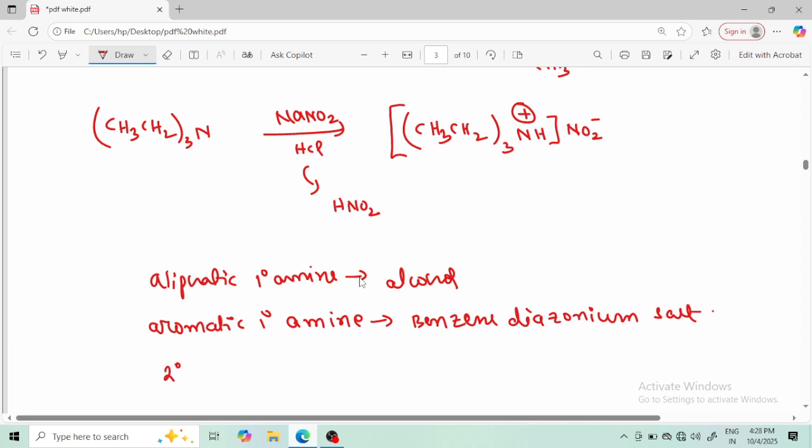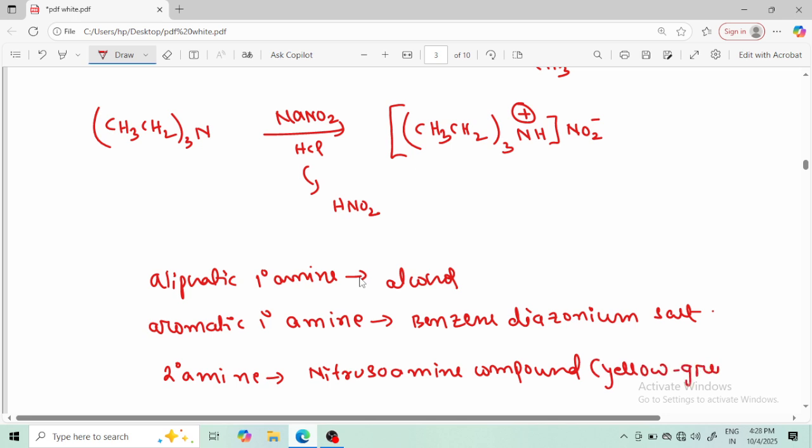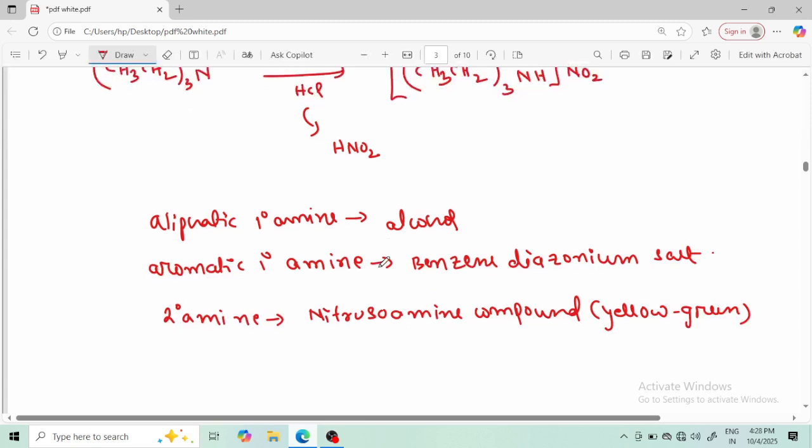If it's 2 degree amine, it can be aromatic also, it can be aliphatic also. It gives you nitroso compound, nitroso amine compound, which are yellow green in color, right?